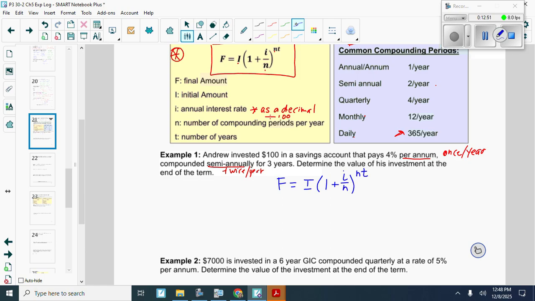Okay, so let's start at the top. We're trying to find out F. Okay, this is my I. Let me just clean that up a little bit. There we go. Okay, the initial amount is $100. Okay, my interest rate, okay, that's 4%.